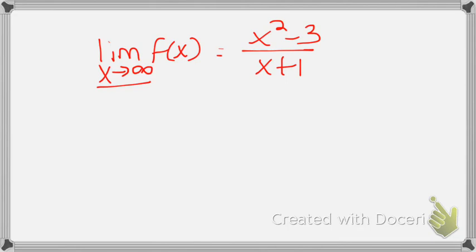So just think about plugging in a big number for those x's and see if you get a positive or negative. If I plug in big numbers there, I'm going to get a positive because the top would be positive, the bottom would be positive. So that means that the limit would be positive infinity. That's sort of what I mean about plugging in numbers, just seeing whether you would get a positive or negative, and then the answer is either infinity or negative infinity. So let's do a few examples.